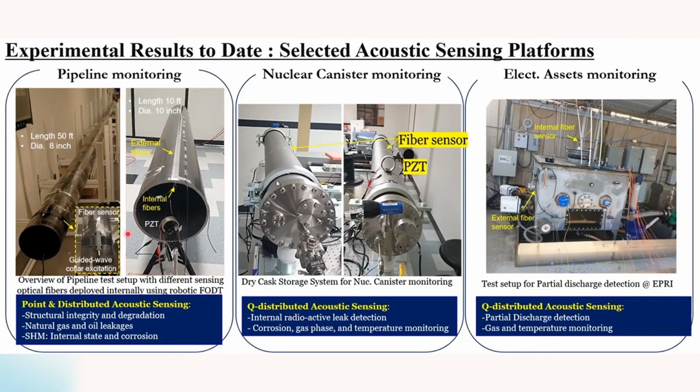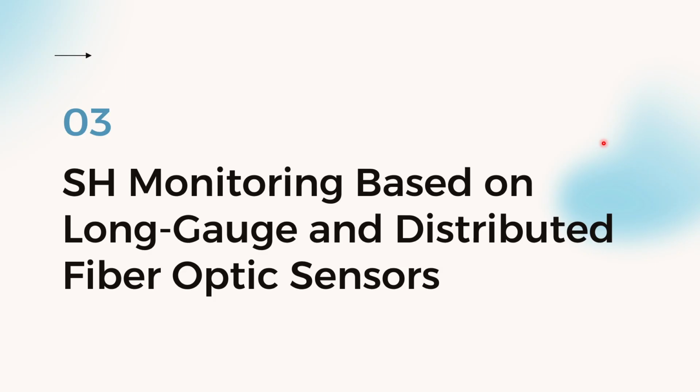They have included pipeline monitoring and also nuclear canister monitoring. Then they have LCAT assist monitoring. And the third topic is structural health monitoring based on long gauge and distributed fiber optic sensors.